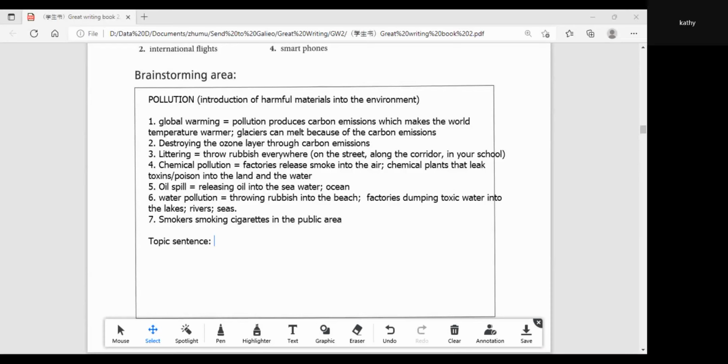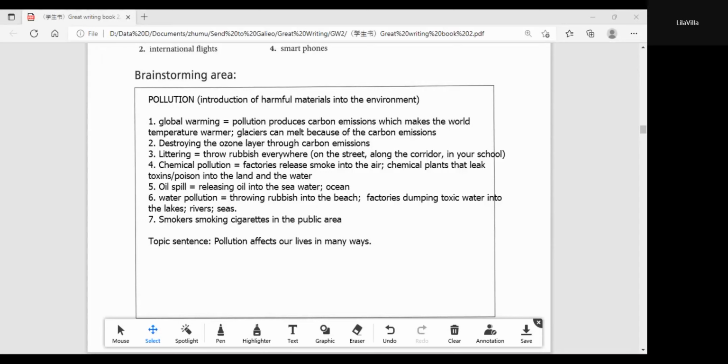Pollution now affects our lives in many ways. Okay, very good. This is broad enough to cover all the ideas that you put in there. Pollution affects our lives in many ways.